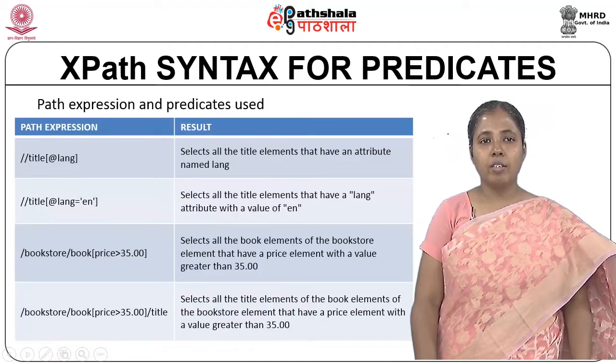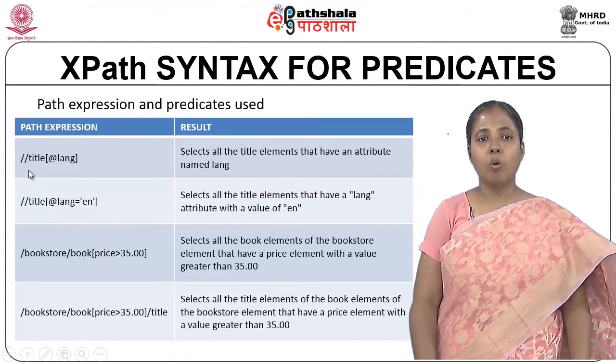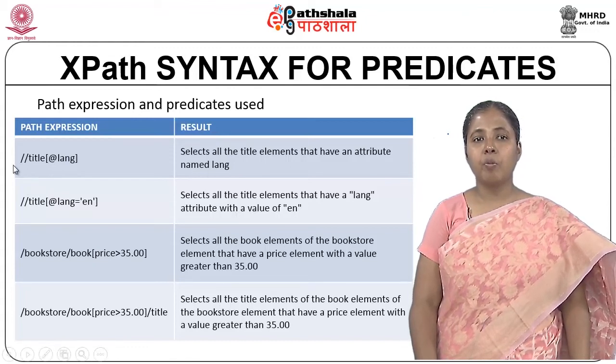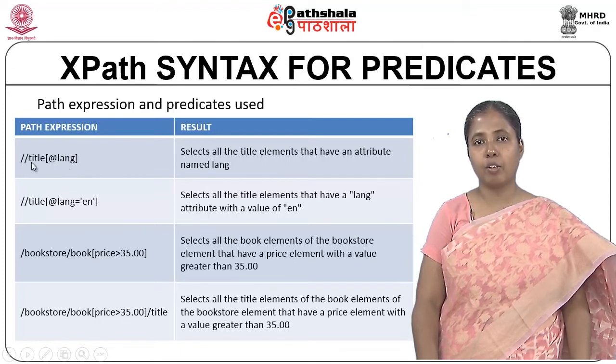Now, we will see how path expressions and predicates are used with examples. Here we select all the title elements, but the predicate given is an attribute, lang. So, all the title elements that have an attribute lang would be selected for this path expression.